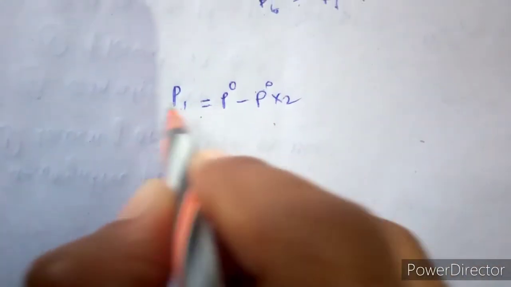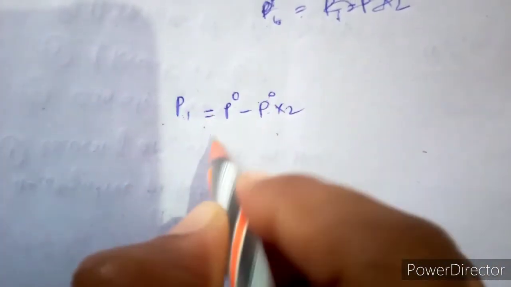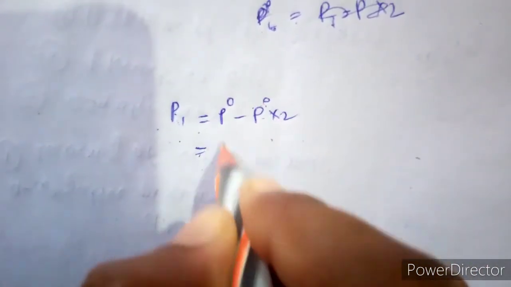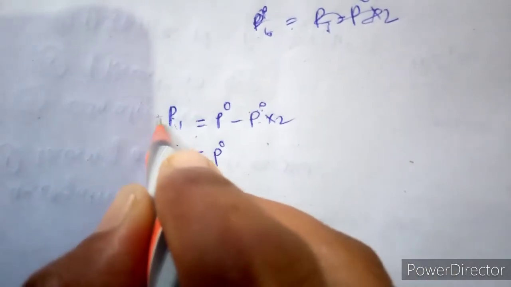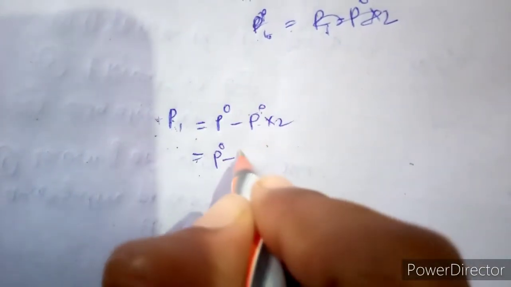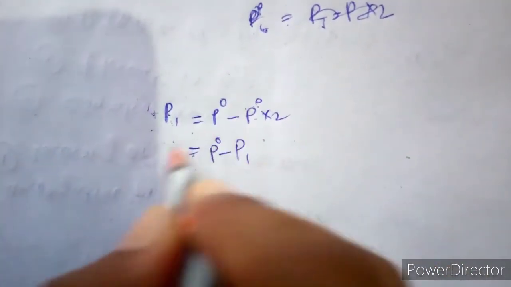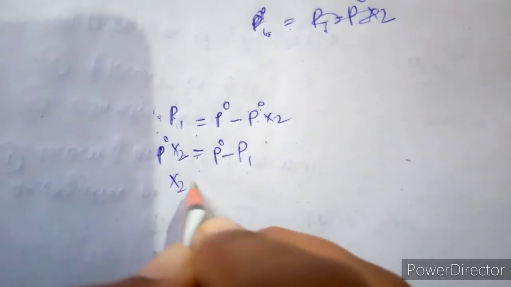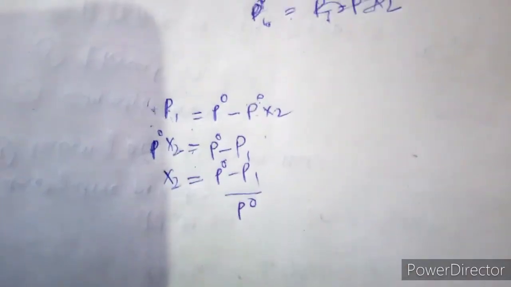Now take P1 to this side and P0 X2 to the other side. Moving P1 across gives a negative sign, and P0 X2 becomes positive. So X2 is equal to P0 minus P1 by P0.